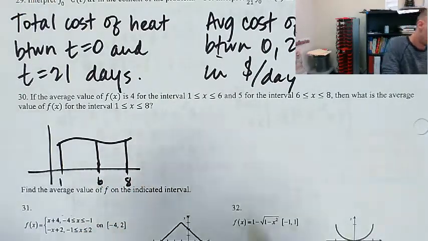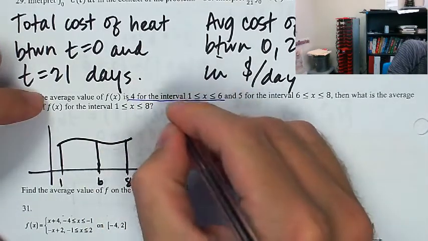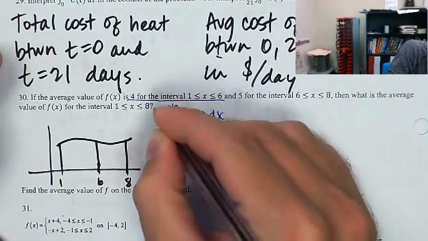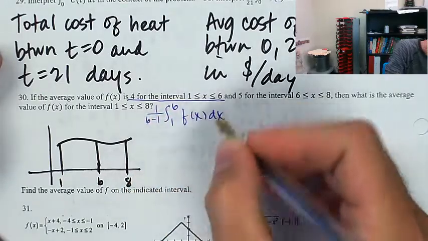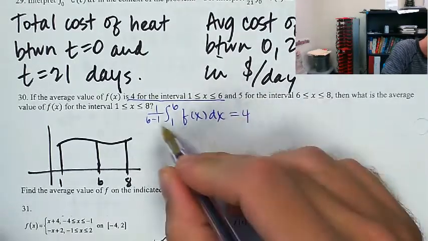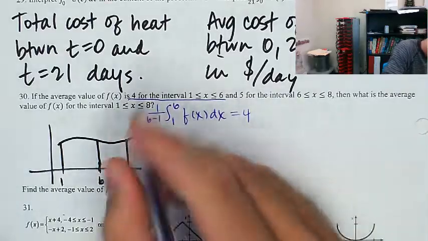First of all, they said the average value is 4 on 1 to 6. So the integral from 1 to 6 of f divided by 6 minus 1 is equal to 4. So the integral is going to equal 4 times 5, which is 20.